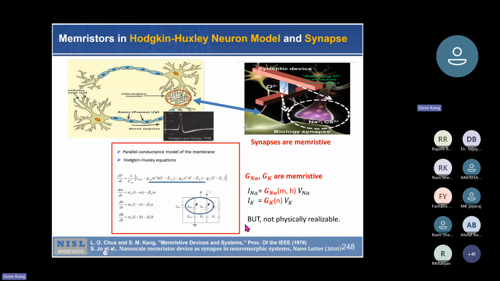And it was an important paper by student Joe and his advisor Wei Lu at the University of Michigan. They published this one, nanoscale memristor device as a synapse in neuromorphic systems, Nano Letters 2010. That's a well-cited paper. They explain that this memristor works as a synaptic device, mimicking this behavior, and that is an important contribution, actually.